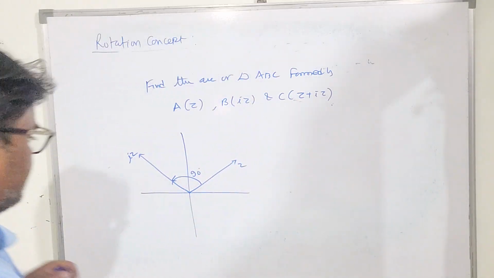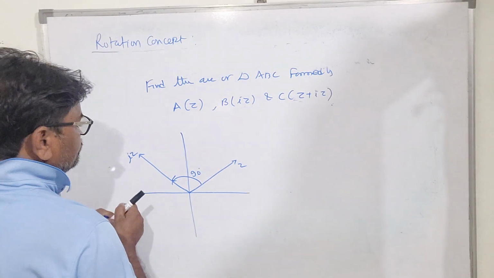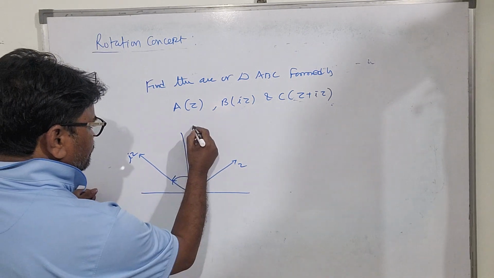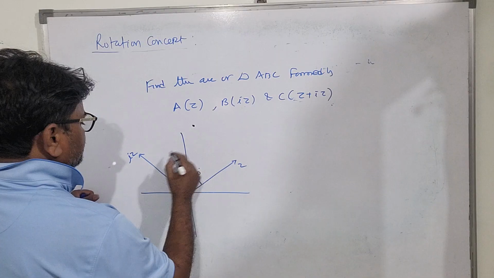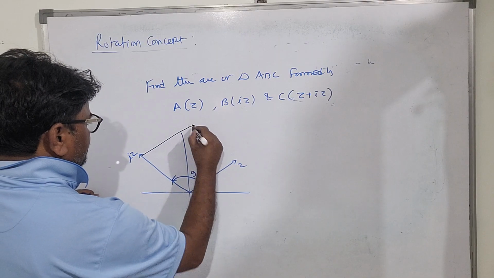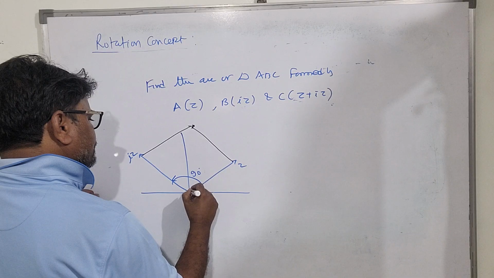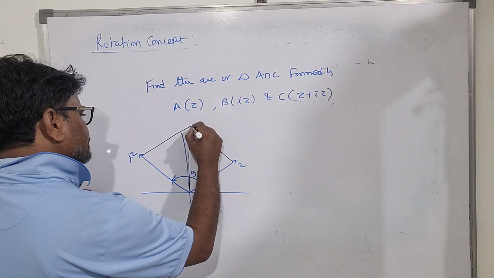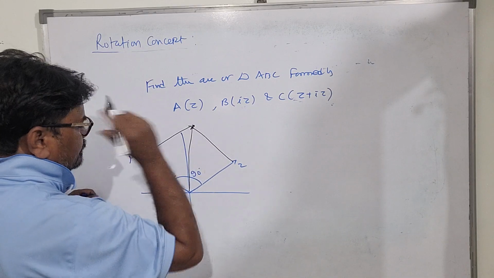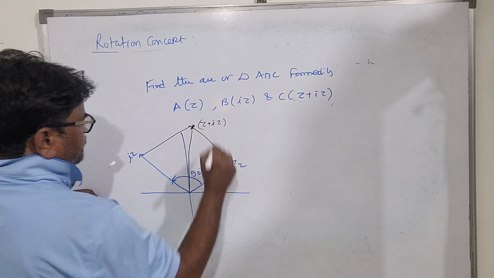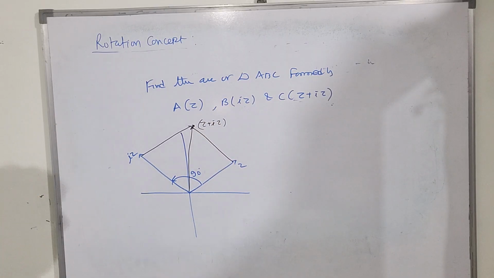The parallelogram law of vector, the resultant vector, you can say that. See, we can construct a parallelogram, and this resultant vector is given by z plus iota z, by parallelogram law of vector addition.